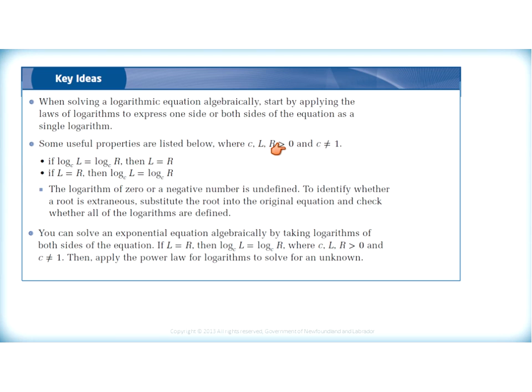If the log of L is equal to the log of R with the same base of c, then L is equal to R. Similarly, if L is equal to R, then we can take the log of both sides of the equation, so the log of L to base c will equal the log of R to base c.